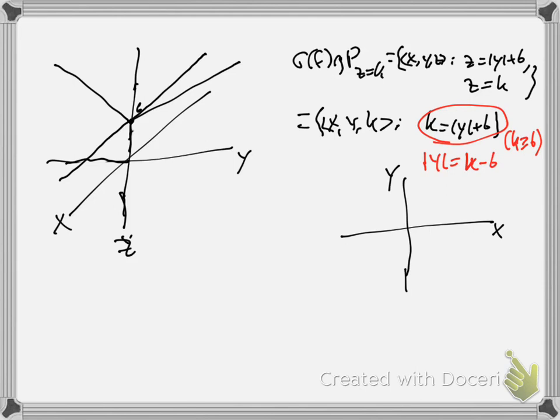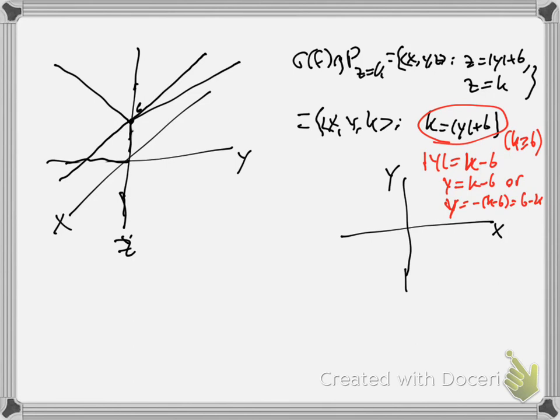So the absolute value of y is some positive number. This will happen when y equals k minus 6, or y is equal to minus this number, which is equal to 6 minus k. These are the two solutions of the first equation.